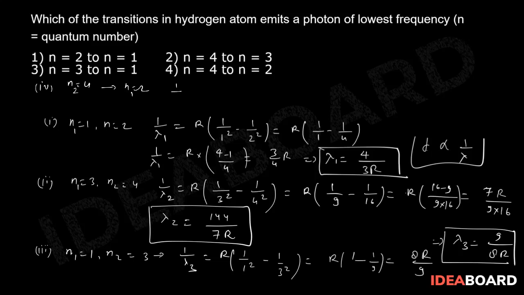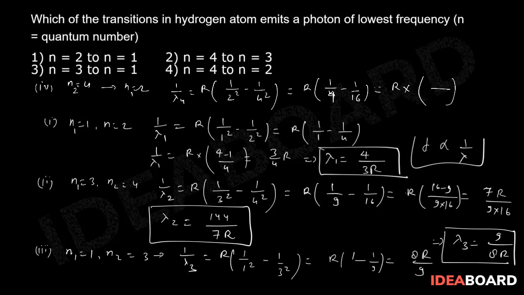That will give us 1 upon lambda 4 is equal to R into 1 upon 2 square minus 1 upon 4 square, which says R into 1 upon 4 minus 1 upon 16. Right, so this can be written as R into (4 minus 1) upon 16, or 3 upon 16. So I get the value of lambda 4 as 16 by 3R.